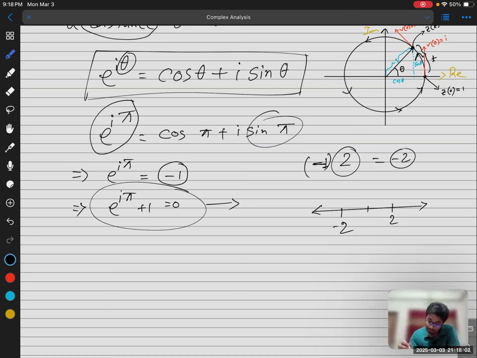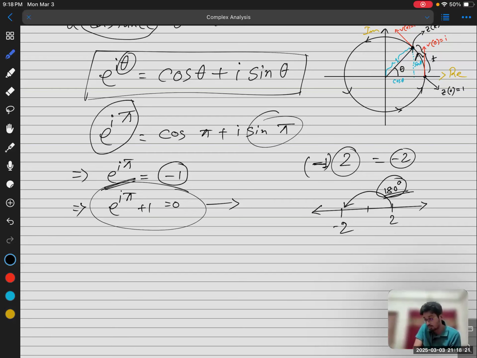Then we consider a 180-degree rotation. How is this rotation happening? We can directly prove it by Euler's identity: if we consider e to the power i pi, we get -1.